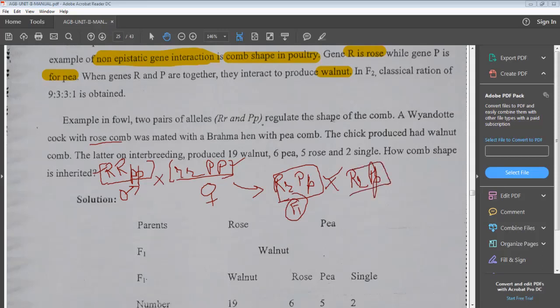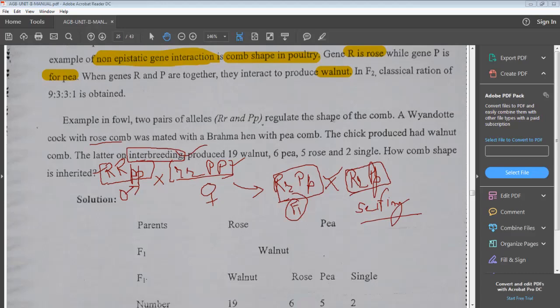This means either selfing or interbreeding. If in any question the person says these birds are intermating, that shows we are crossing similar genotypes with each other.